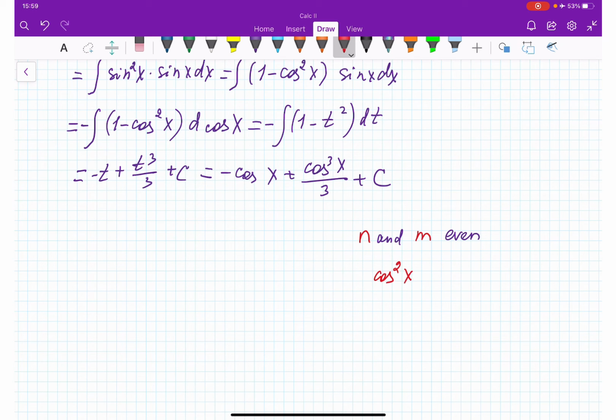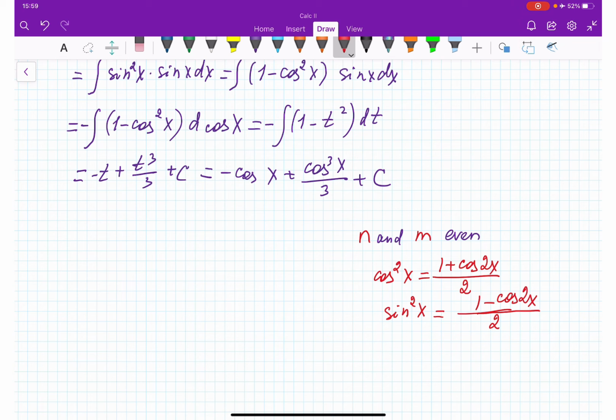Cosine square x is equal 1 plus cosine 2x over 2, and sine square x is equal 1 minus cosine 2x over 2. This is what we're going to use.